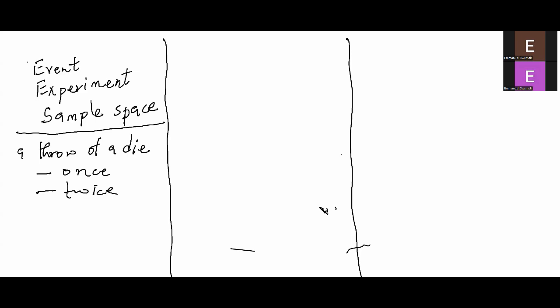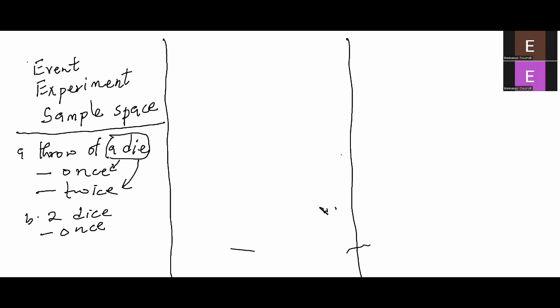So it can be just one die being thrown once, or one die being thrown twice, or it can be two dice thrown once. So we are going to look at a throw of one die once or twice, and we also look at two dice being thrown once.